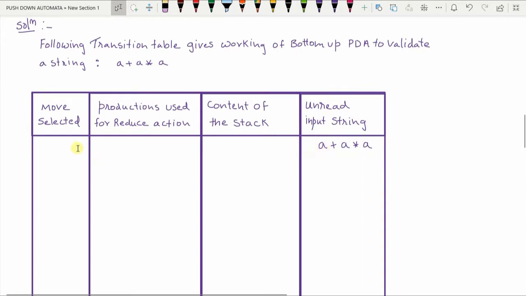What I am writing here is the initialization move. Initially the entire input is unread, so the unread input is a plus a into a. Initially the content of the stack is z0, and we are not going to do any moves, so I am just writing a dash over here, neither shift action nor reduce action. And now the procedure starts.